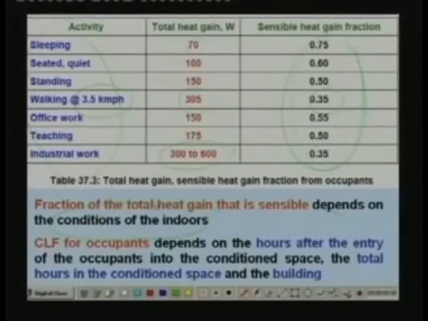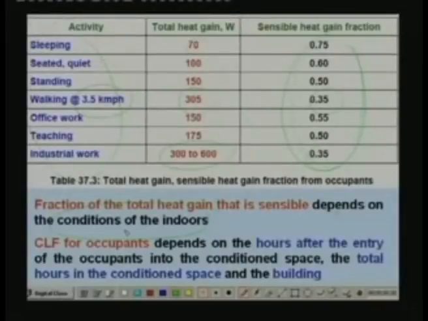This information, the sensible heat gain fraction as a function of the indoor conditions, is also available in handbooks. Next comes the CLF value for occupants. CLF values for occupants are also available in the form of tables, and depend on the hours after the entry of the occupants into the conditioned space, the total hours in the conditioned space, and the type of the building. Depending upon all these factors, the CLF values have been obtained.